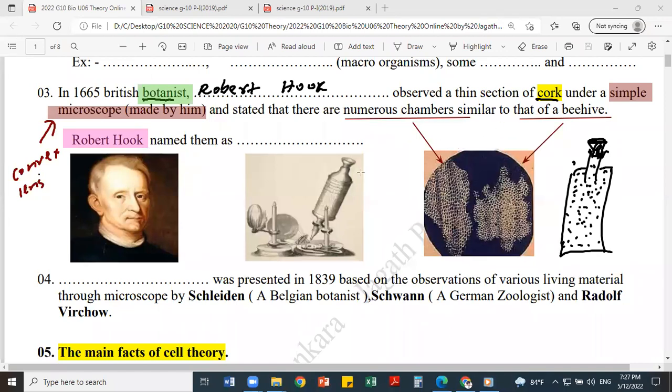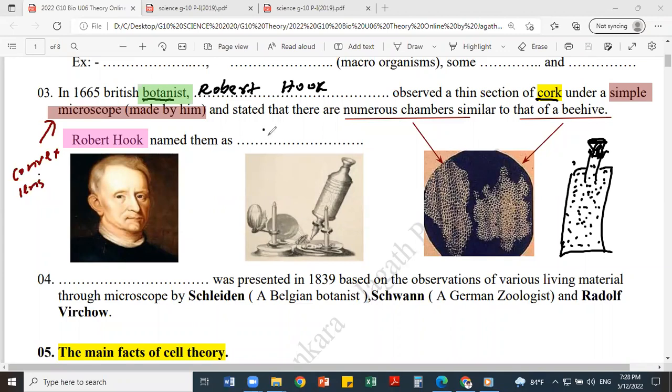He named those cavities, the numerous chambers, as cells. It's a Greek word. So Robert Hooke named them as cells. Therefore, who gave the term cell to the world? Robert Hooke. Who identified cells for the first time under a microscope?